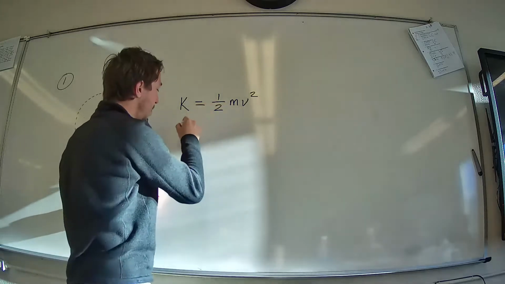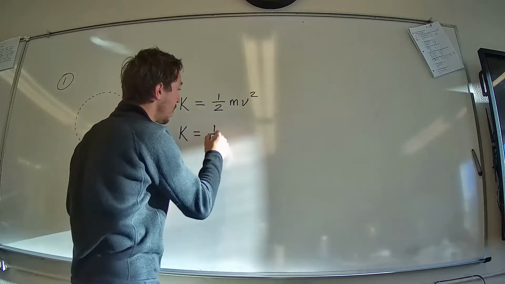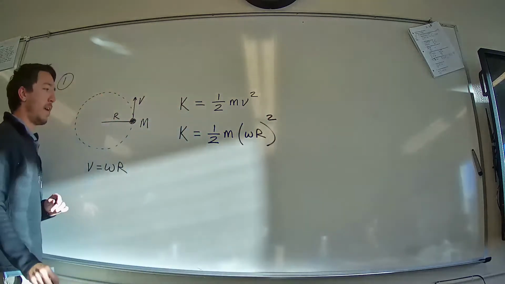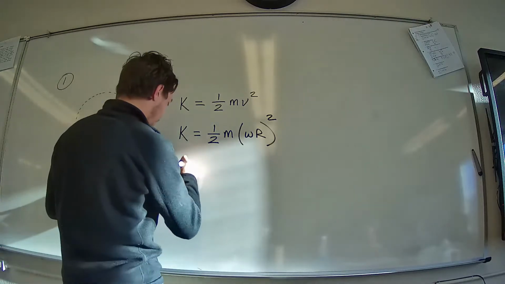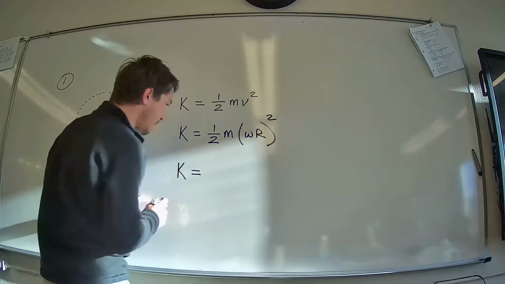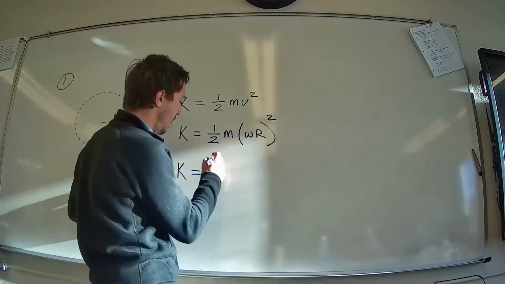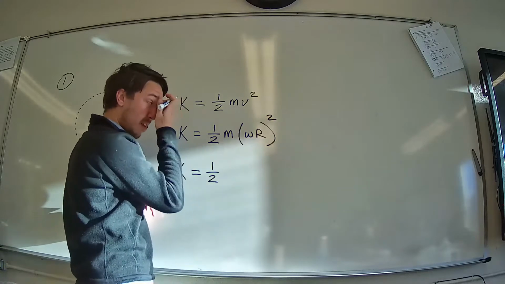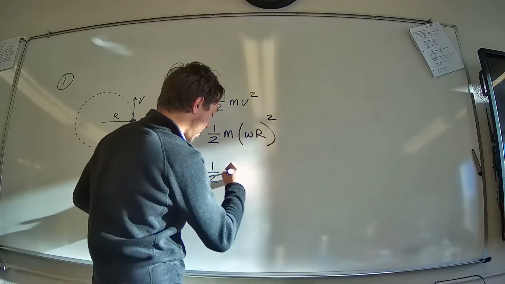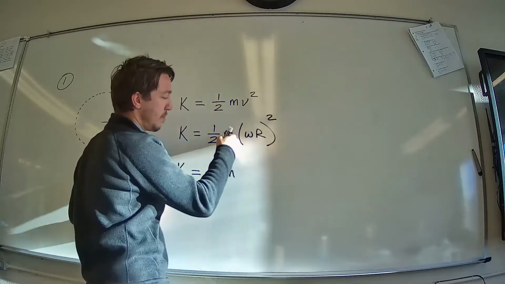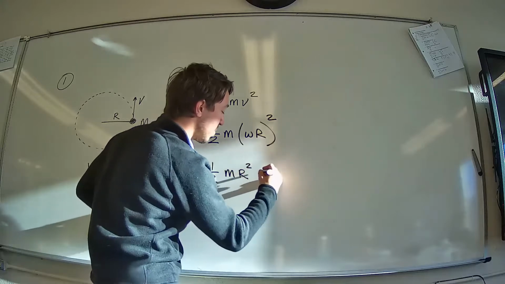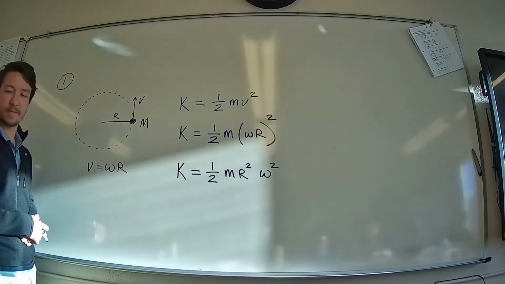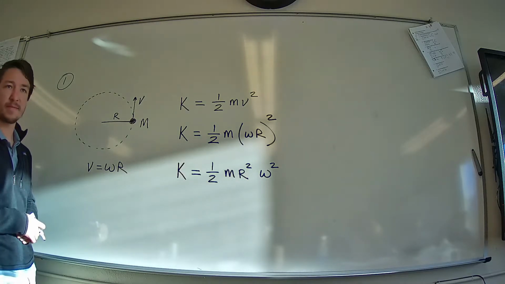So I can replace that V with omega R. And then if I square that, that's omega squared times R squared, and then rearrange it, let's take the R squared and put it next to the M. Make sense?